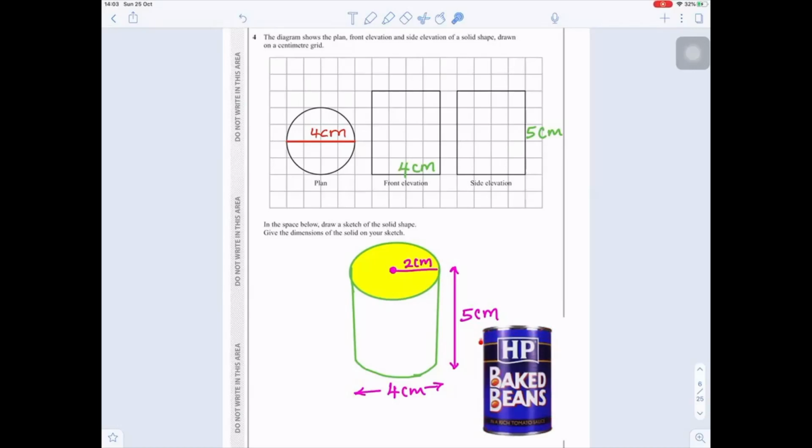And when you look from the side, you will see the height of 5 centimeters, and you also see a rectangle. So that is the shape of the solid which you would get when you draw it and give the dimensions 4 centimeters, 5 centimeters.